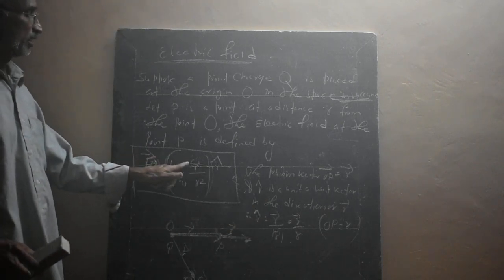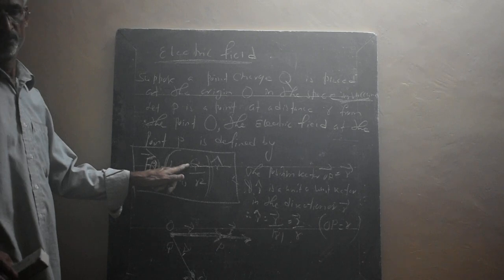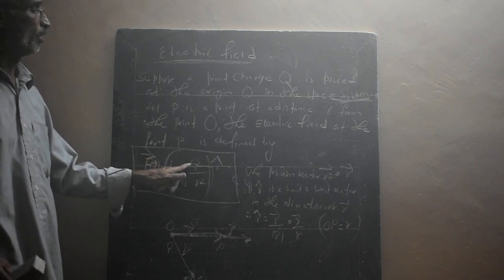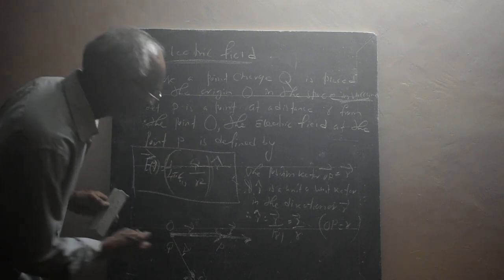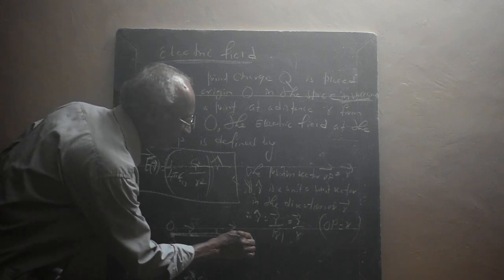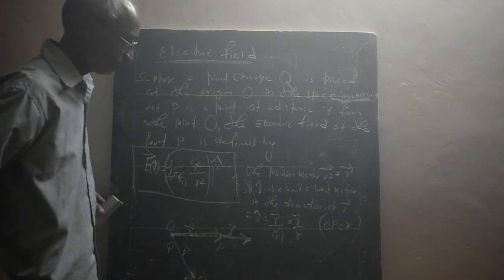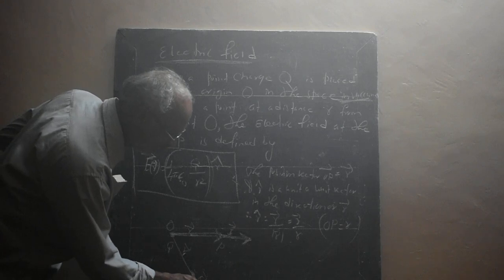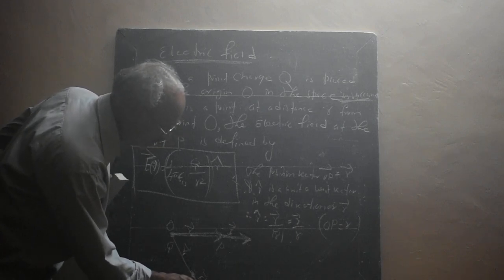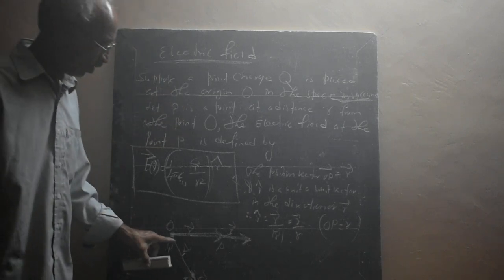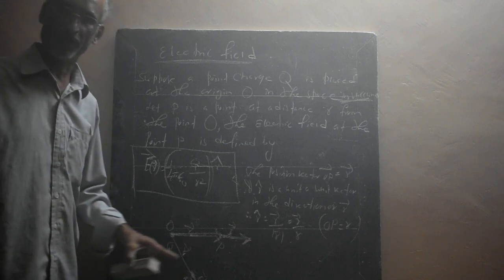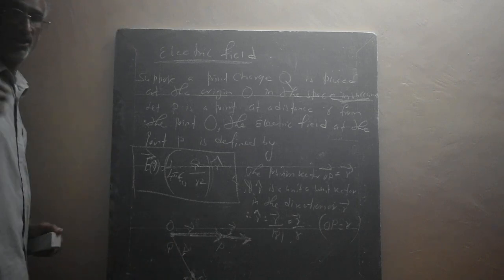So if the charge Q is positive, then the field is radially outwards. Look here, the field is radially outwards from the charge, from that point.